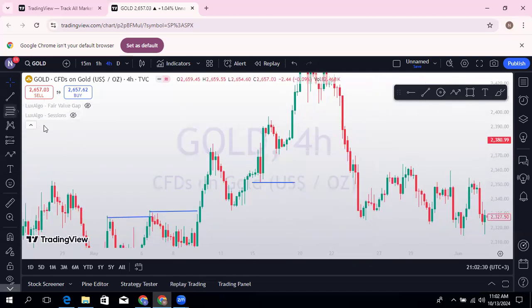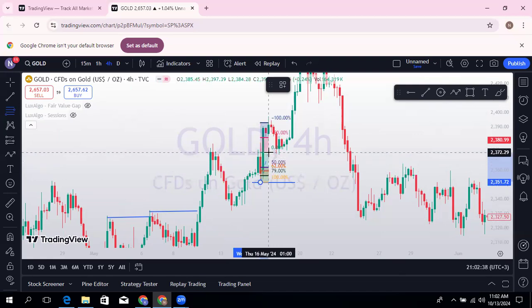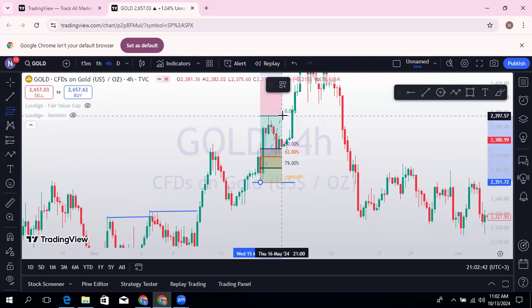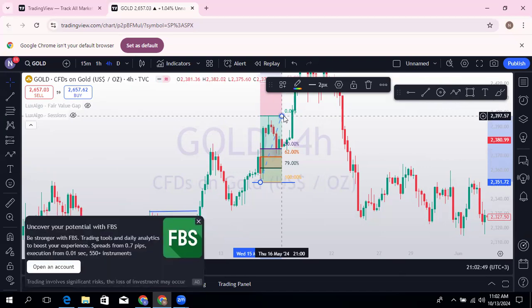Let me bring my Fibonacci retracement. Make sure you start at this point, click that point, then drag your Fibonacci retracement slowly to where the price had reached before reversing. So remember that before reversing.